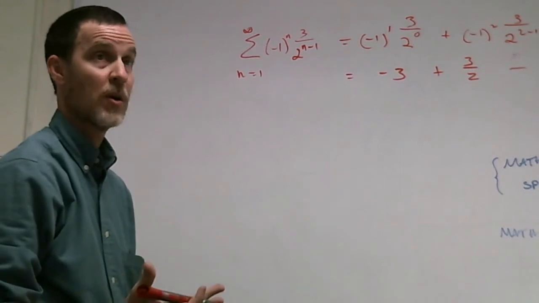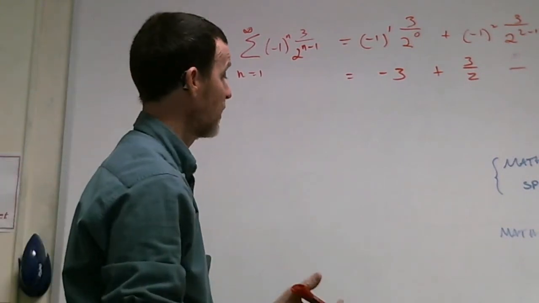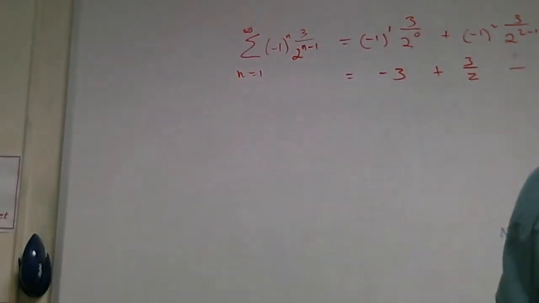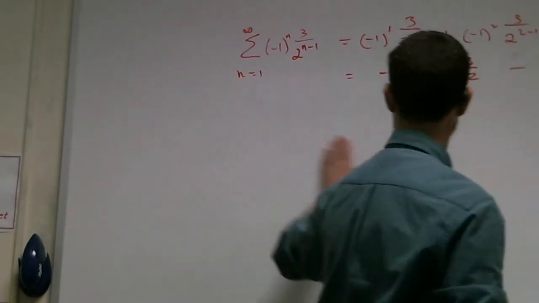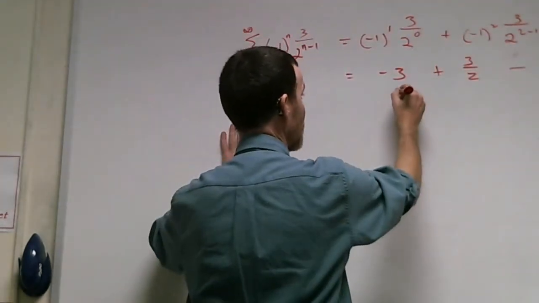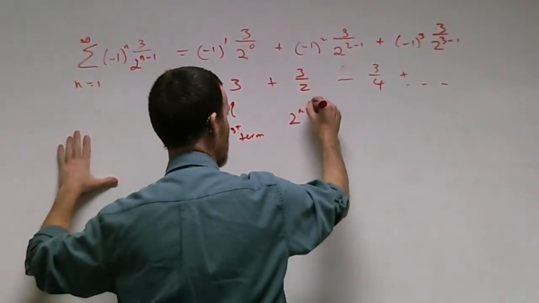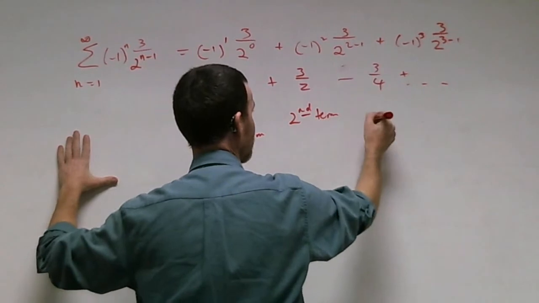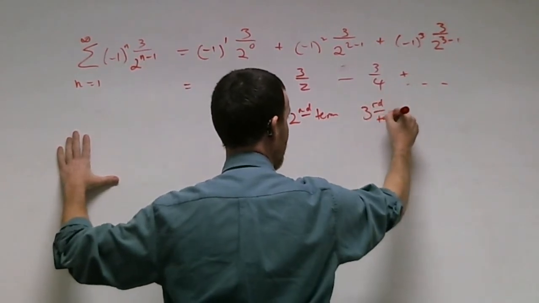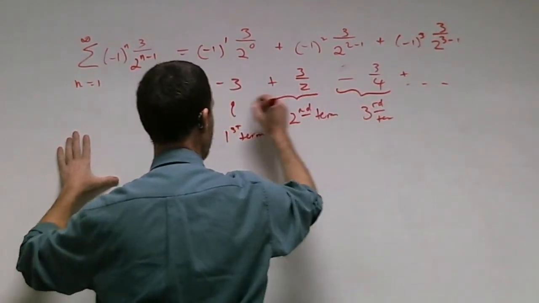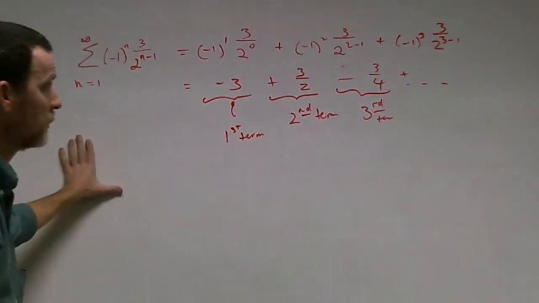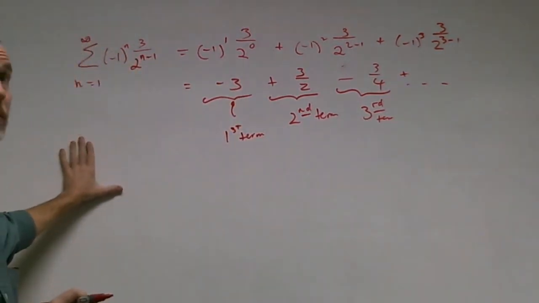So I've written out the first 3 terms. One of the things I said I wanted you to know about series was how to write out the first few terms. We've done that. So this is what we call the first term. This is the second term. This is the third term. The third term includes the negative. So those are my first 3 terms.